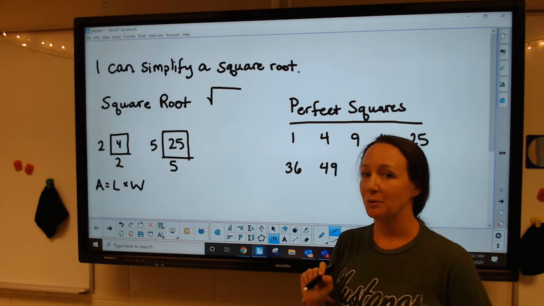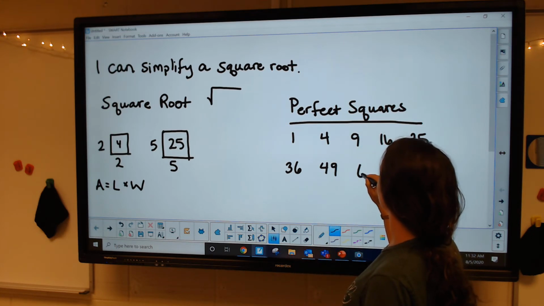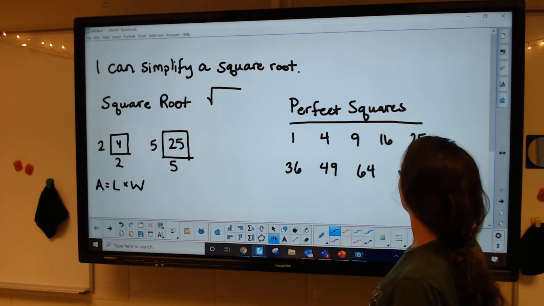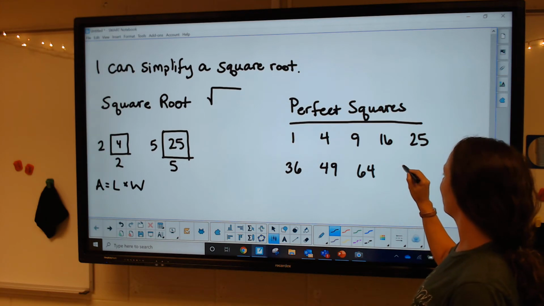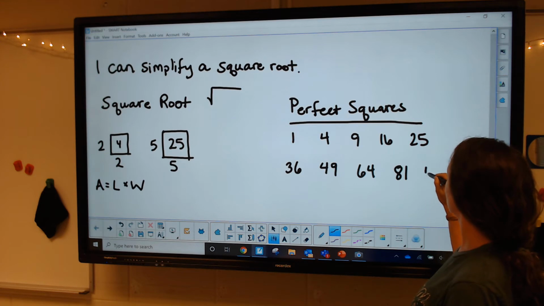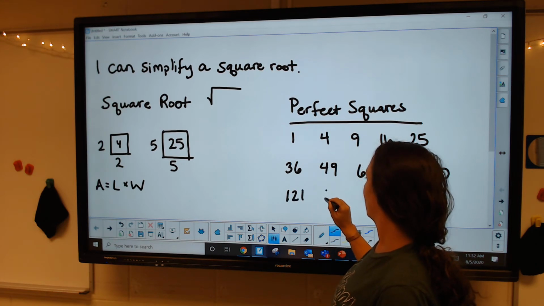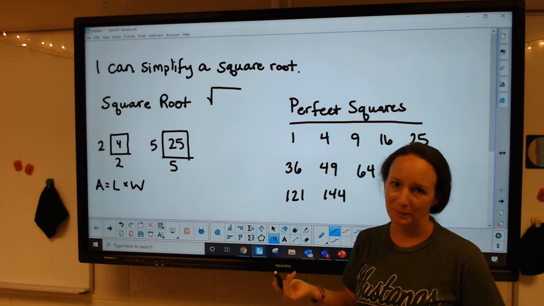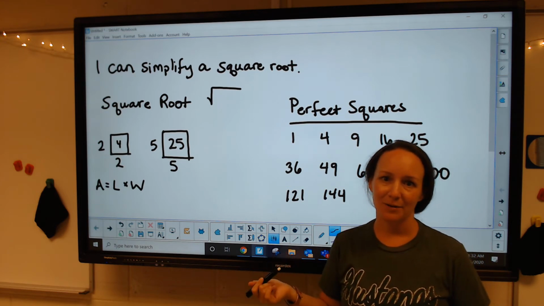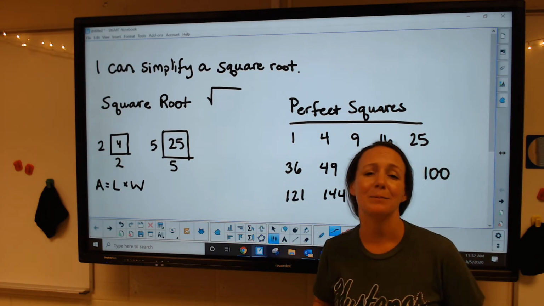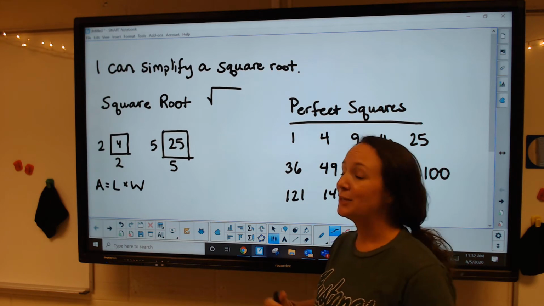It's interesting what your brain does sometimes. 8 times 8 is 64. 9 times 9, 10 times 10, 11 times 11, and 12 times 12. There are obviously more pairs, but I'm going to stop right at 144. You can look up as many as you want to in your free time.